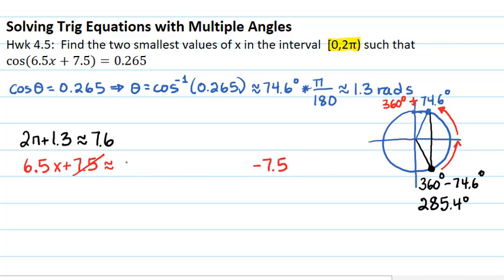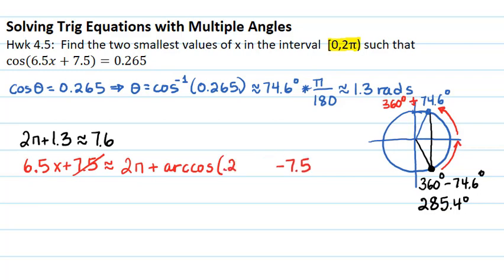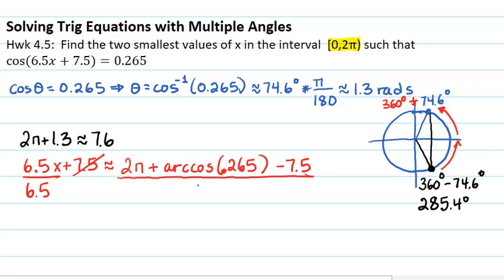The expression is 2 pi plus the 1.3, which is the radian measure of the approximate angle of 74.6, and I found the 74.6 by using the inverse cosine of 0.265. So 2 pi plus arc cosine of 0.265 is my angle. Subtract 7.5 and divide by 6.5. This will be the smallest positive value of x that will solve this equation.